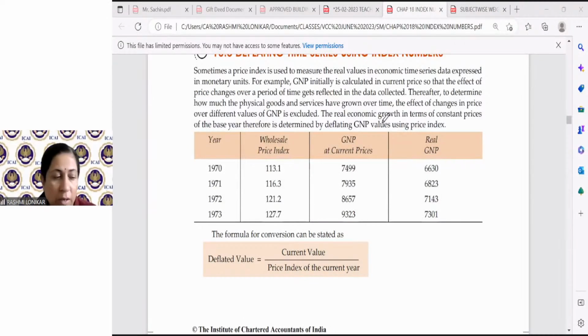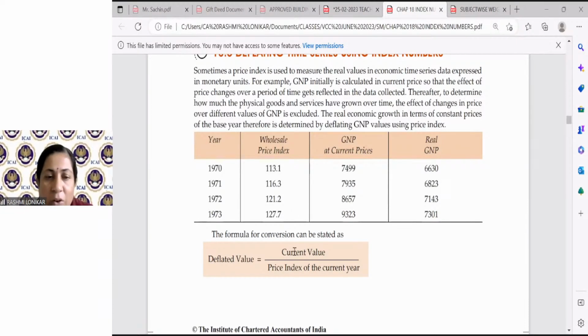Now here we are going to see the deflation. So what is given in the sum is wholesale price index, GNP at current prices, and the real GNP. We have to see. Wholesale price index is given for the different years.